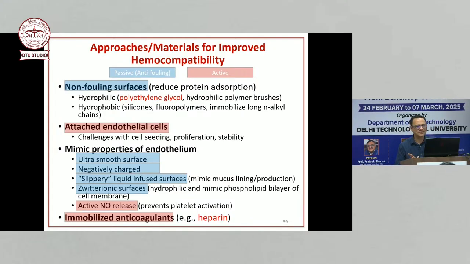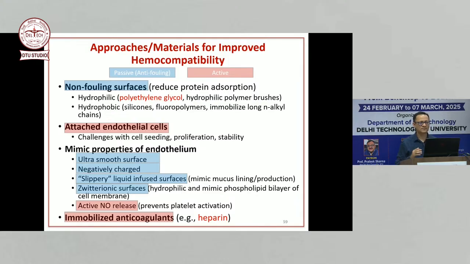There are a lot of different types of coatings. So coatings can be passive coatings or active coatings. Okay, passive, like the name suggests, is trying to prevent things from sticking to the surface.